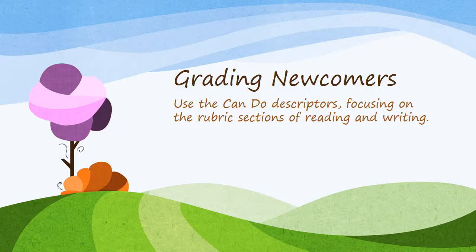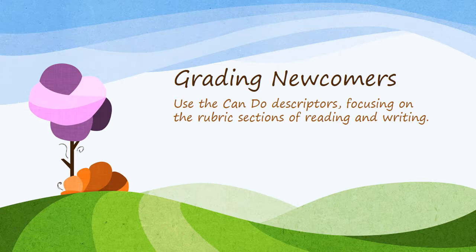So now that we have an idea of who our newcomer ELL students are, some of the behaviors you might witness in your classroom, and a little bit of the background behind the can-do descriptors and the English language proficiency levels, we're going to talk a little bit about grading our newcomers using these can-do descriptors.